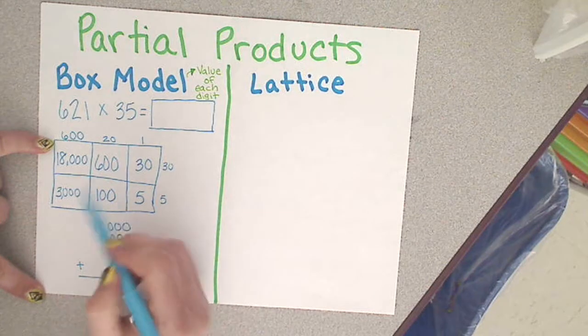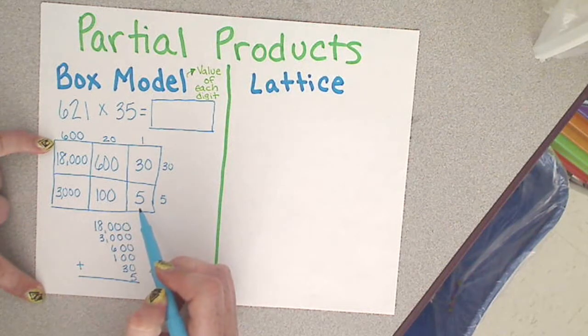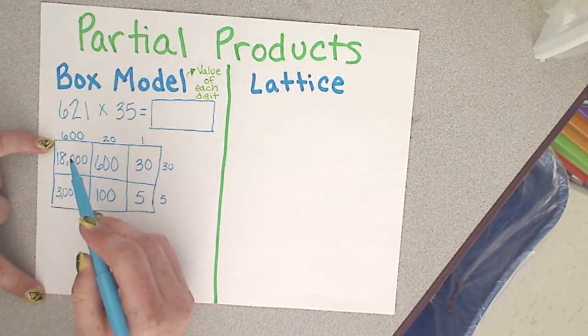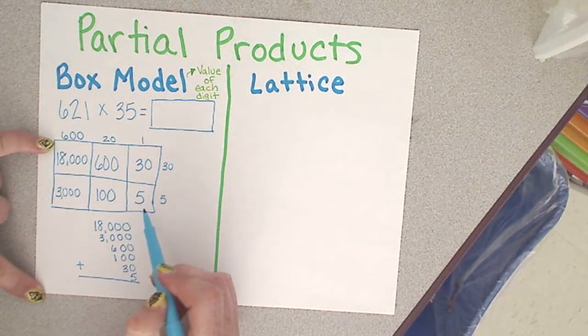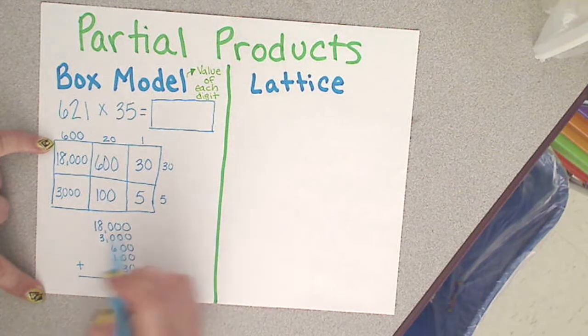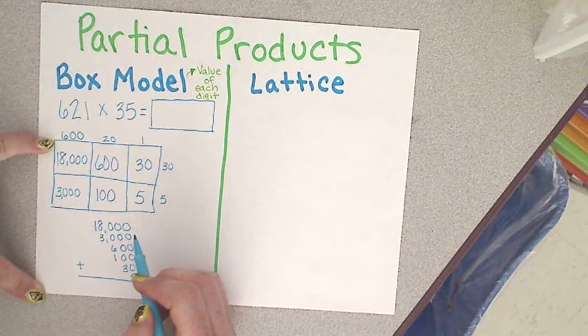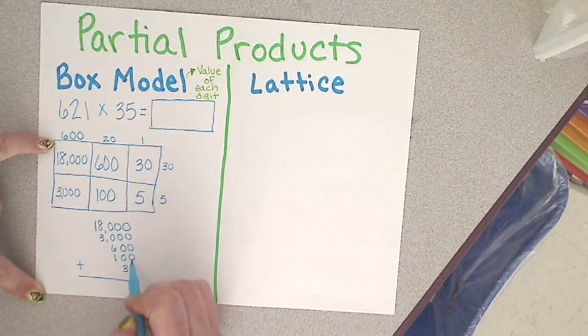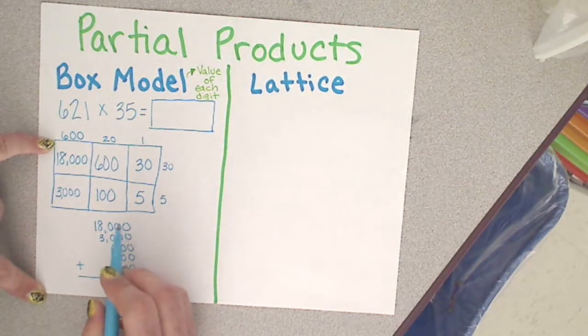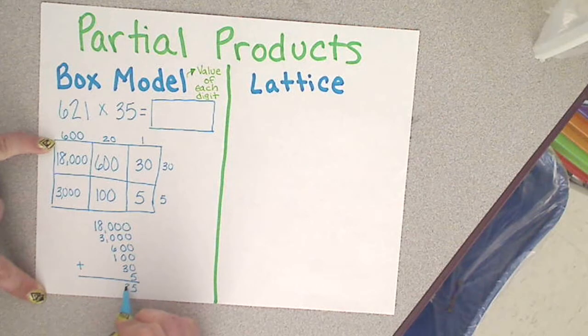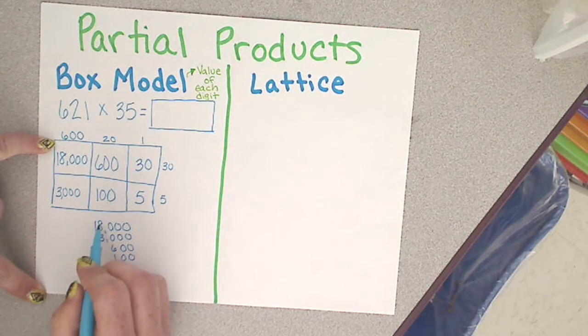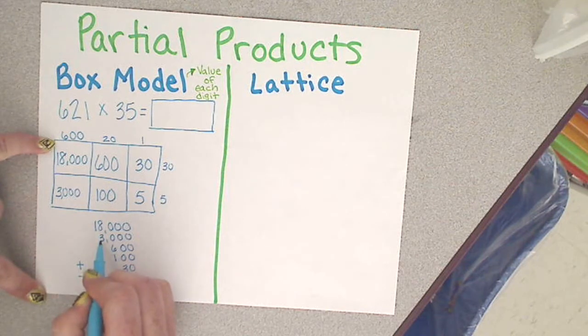Now, as you notice, as you go down this chart, you go from greatest value to least value. So I'm going to start adding, and I need to add my ones place, which is 5, my tens place, my hundreds place, my thousands place is going to be 8 plus 3, which is 11.